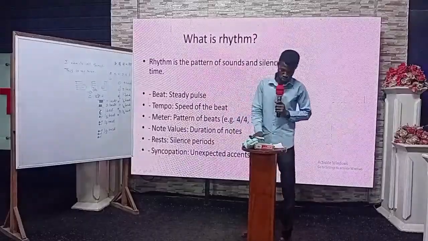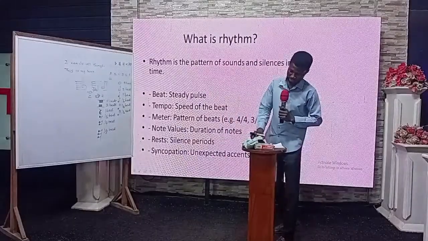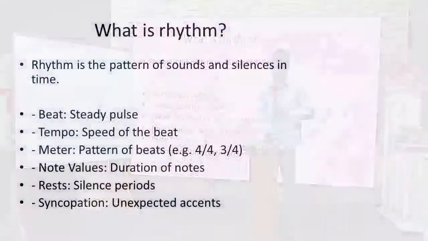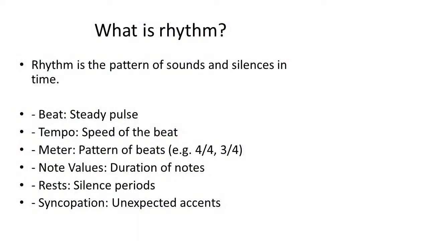We go to what we mean by rhythm. Rhythm is the pattern of sounds and silences in time. I repeat, rhythm is the pattern of sounds and silences in music.